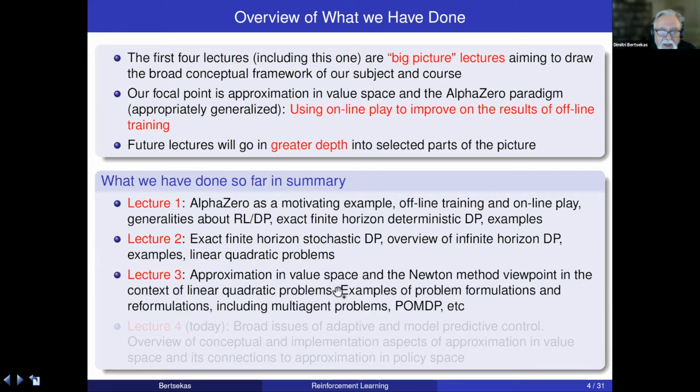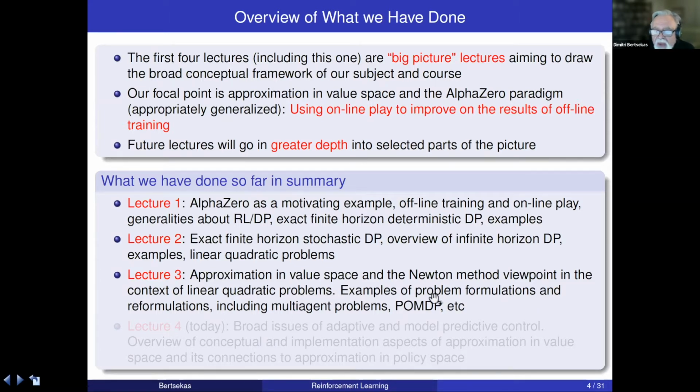Then, in the last lecture, we went into approximation in value space and visualizations based on Newton's method. And we did this in the context of linear quadratic problems, which are well suited for this purpose, but the ideas generalize very broadly, and on occasion, we will have opportunity to return to them.